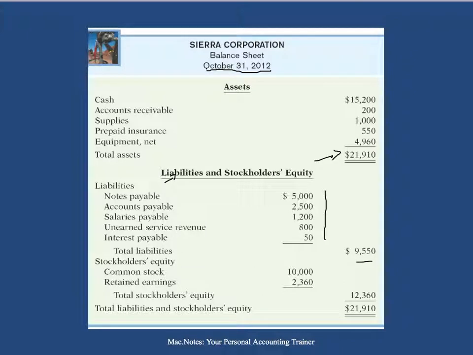Shareholders' equity section is next. The common stock, $10,000. Retained earnings is what I carry forward from that retained earnings statement. Total shareholders' equity, $12,360. So total liabilities plus shareholders' equity, $21,910, and we balance.